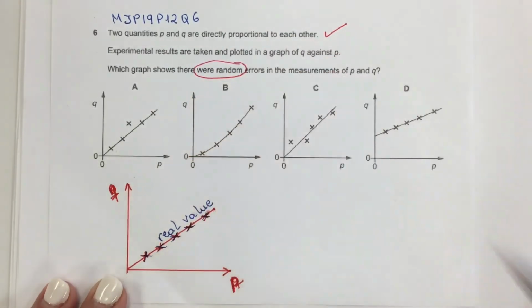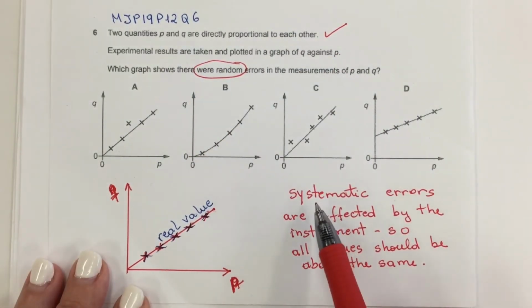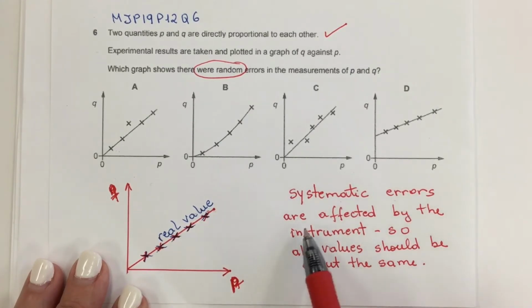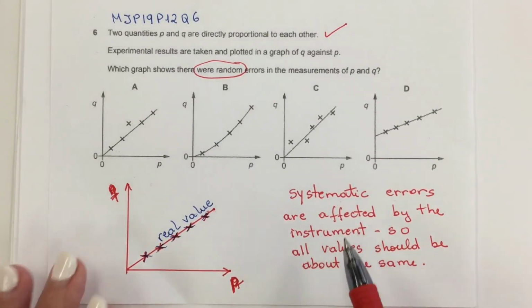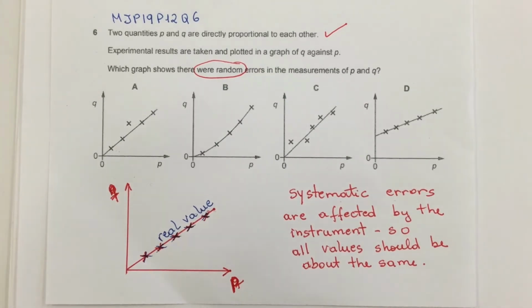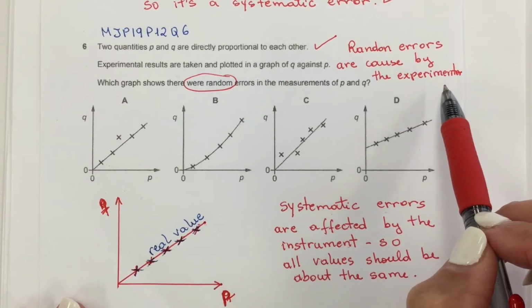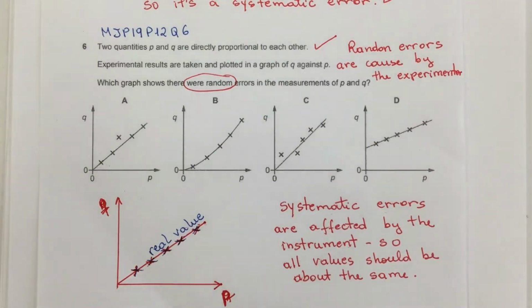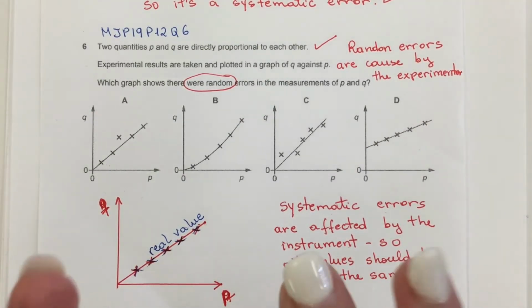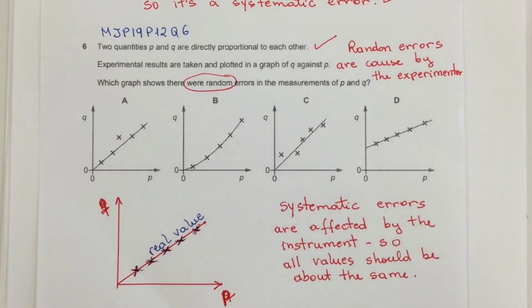Random error. So let me start by saying that systematic errors are affected by the instrument. So if I'm using the same instrument with the same problem, I'm going to have all values in about the same range. Random errors are caused by the experimenter. Could be his reading strategy is not correct. Could be that he is not reading at eye level.